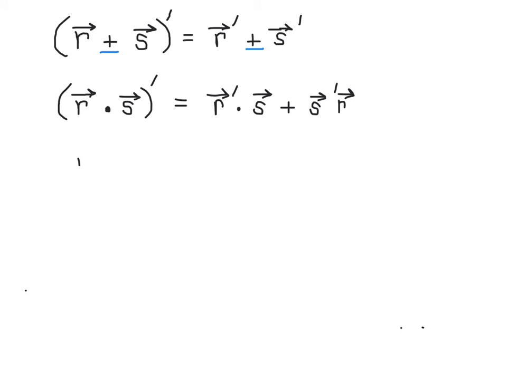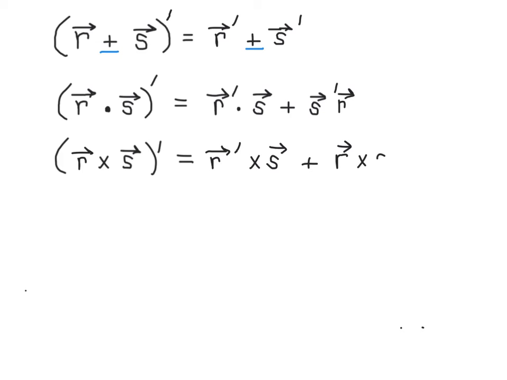Now, if we want to take the cross product of r and s, and we want to find that derivative, this is going to give us r prime cross with s plus r cross with s prime.